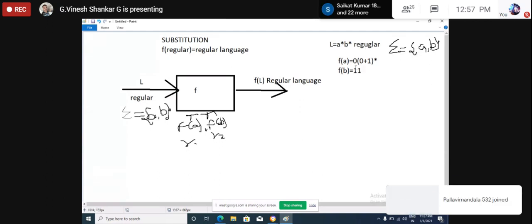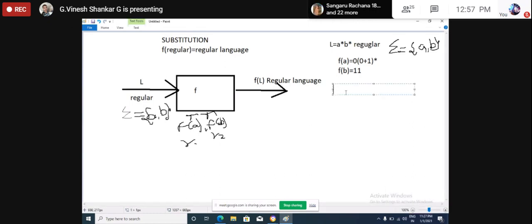Now I'm finding f of a and f of b. Now see what I can do here. I'm finding f of L now. What is this f of L? f of L is nothing but f of a star b star.